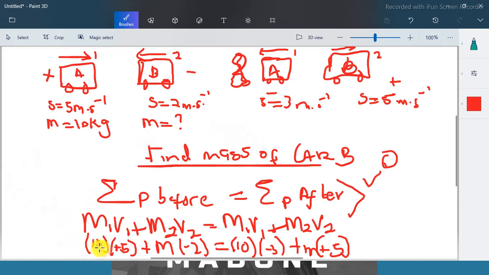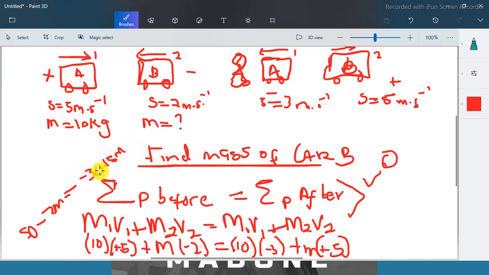But basically what you would say, you just say 10 times 5, which would give you 50, right? And then m times negative 2 would give you a negative 2m, which is equal to 10 times a negative 3, which would give you a negative 30, right? And m times 5 would give you 5m. Okay, my bad, 5m.